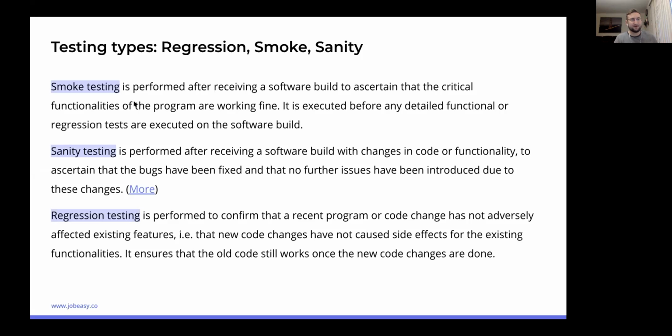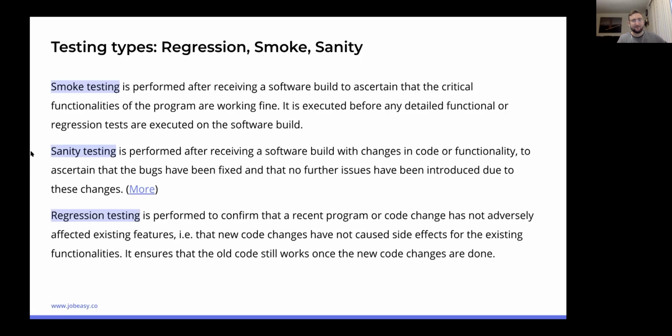Let's start with the smoke testing. Smoke testing is performed after receiving the software build to make sure that the critical functionalities of the program are working fine. It is executed before any detailed functional or regression tests are executed on the software build. So let me read the sanity first, and then I'll explain the difference.